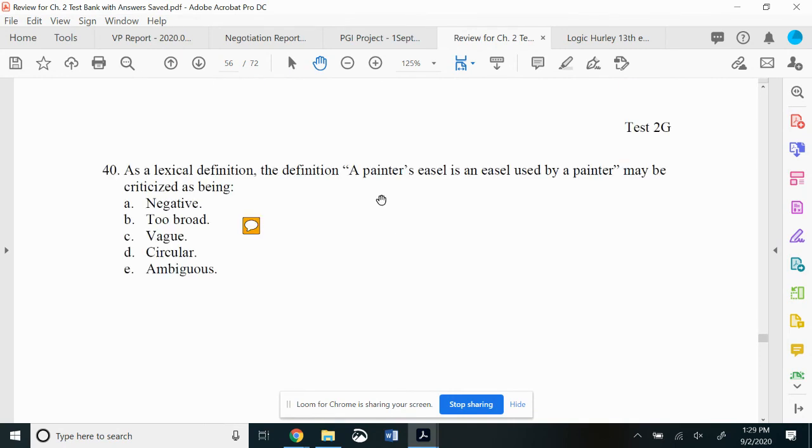Let's go 40. Yeah, and we're at the end of my mock. So I like this one. As a lexical definition, the definition, a painter's easel is an easel used by a painter. Wow. You're literally describing this painter's easel with the exact same language. You're just reversing the terms. So you're describing it in a circle. Yes.